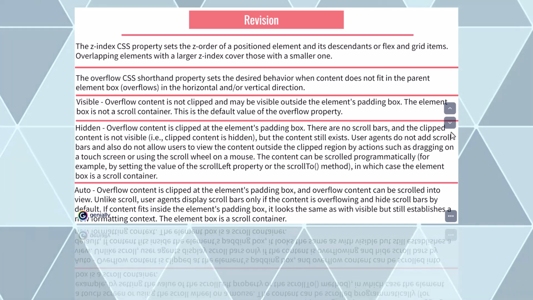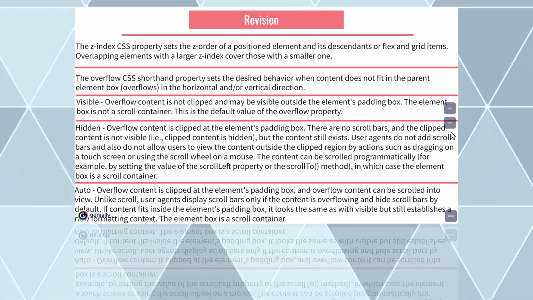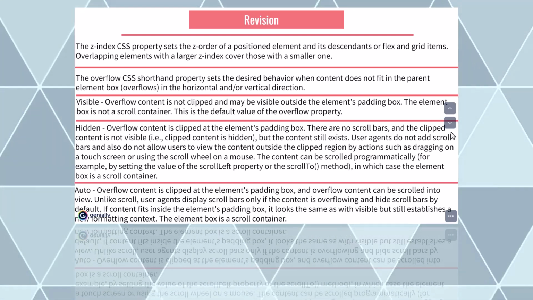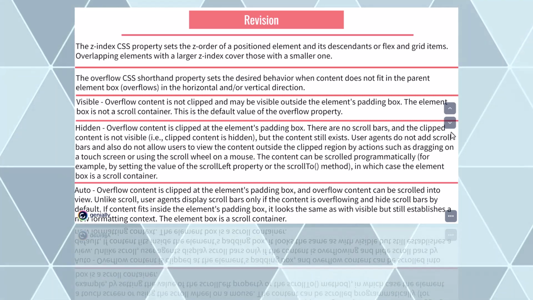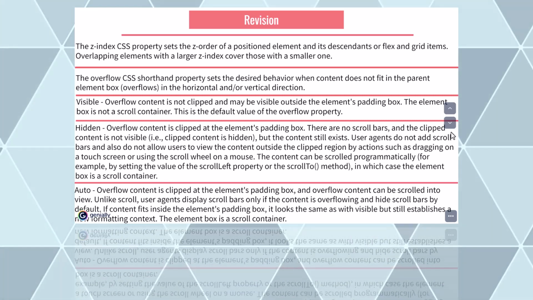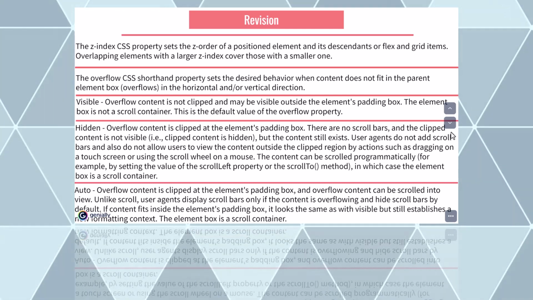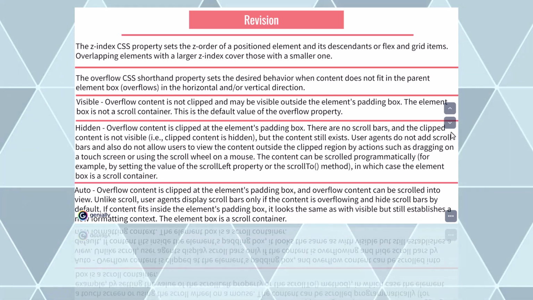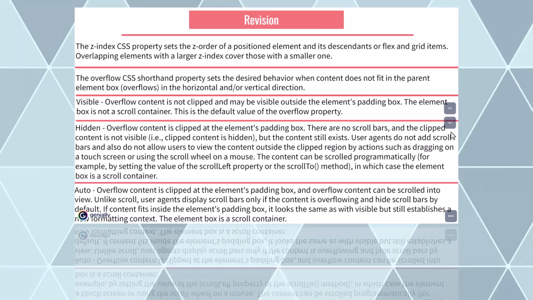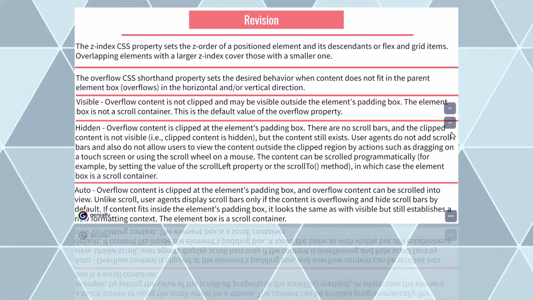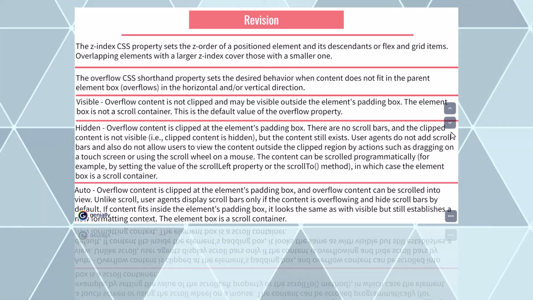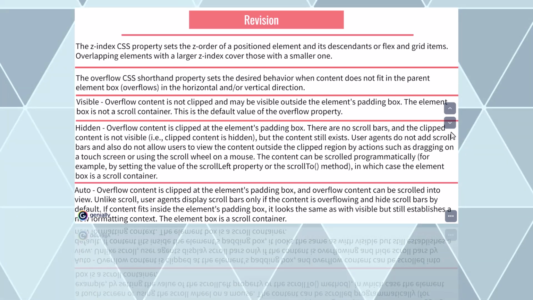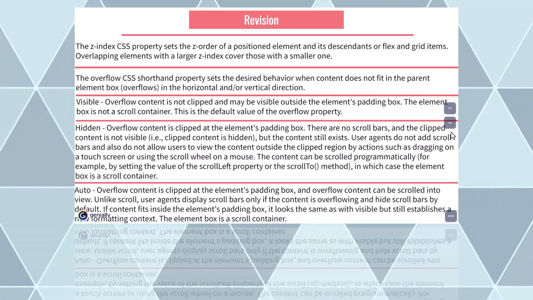The visible property value of the overflow property makes the overflow content visible outside the padding box. It makes the content visible out of its container so you can see that it's been an overflow. Okay, sure. Thank you.